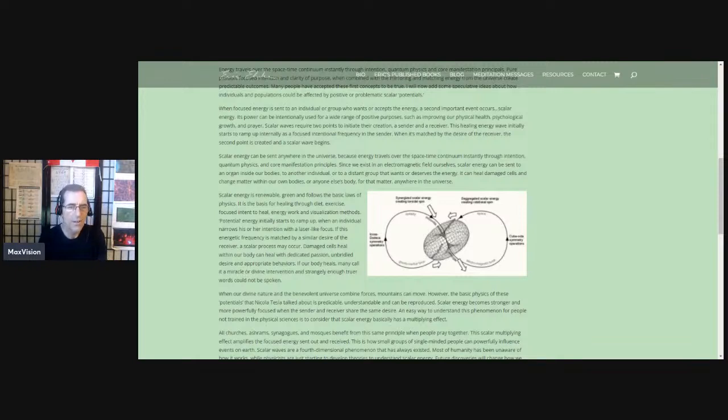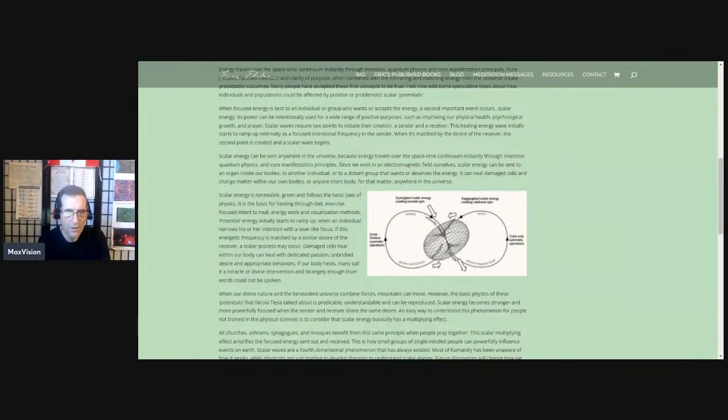Scalar waves can be sent anywhere in the universe because energy travels over the space-time continuum instantly through intention, quantum physics. You're not really defining anything, unfortunately, in this article. This is mostly just people's thoughts.